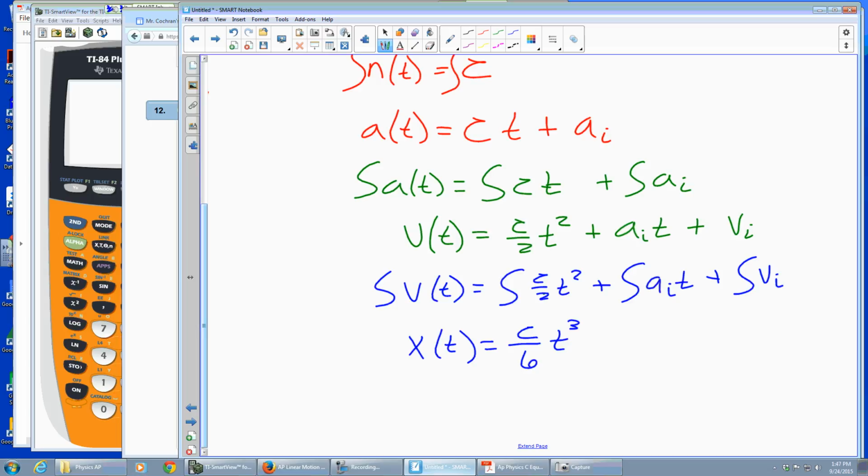And this stays at a constant C. Plus, I get A initial over 2 T squared plus V initial T plus X initial.